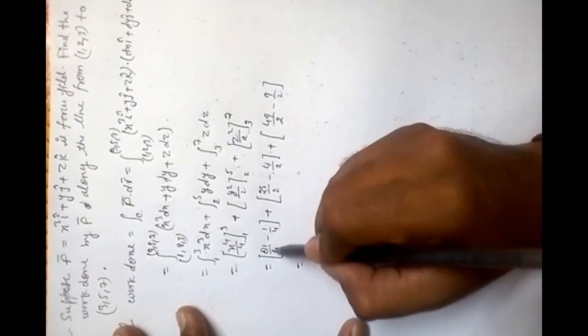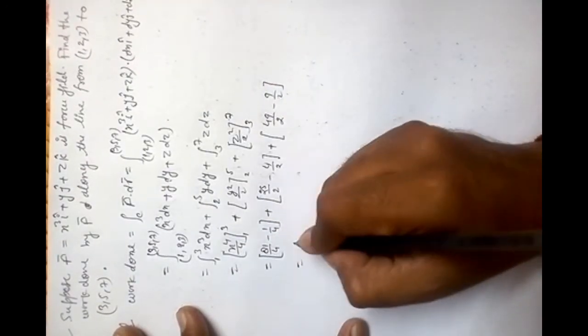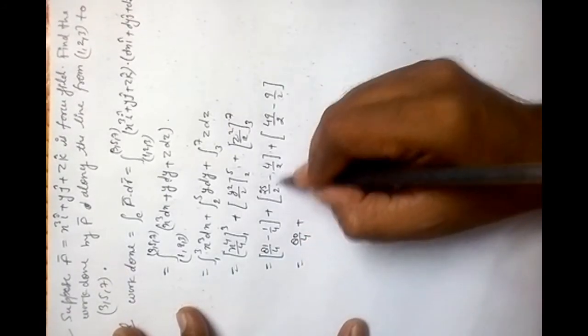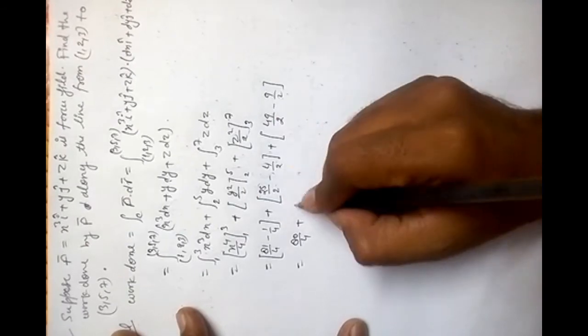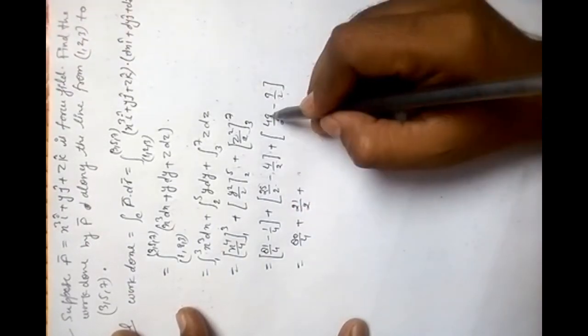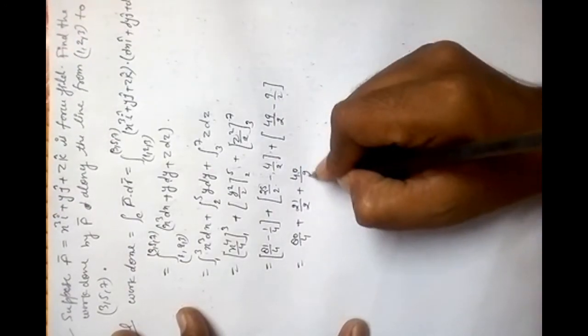So 81 minus 1, 80 by 4, 25 minus 4, that is 21 by 2, 49 minus 9, so it means 40 upon 2.